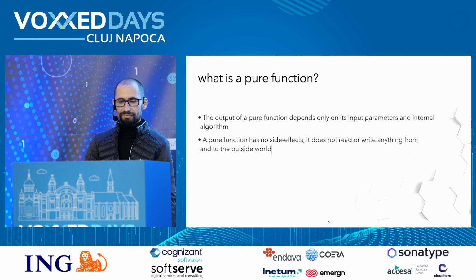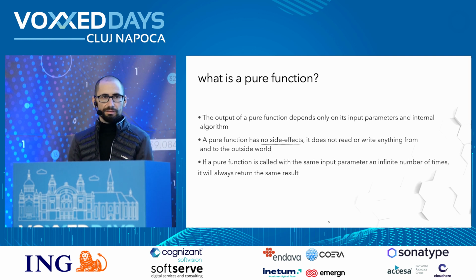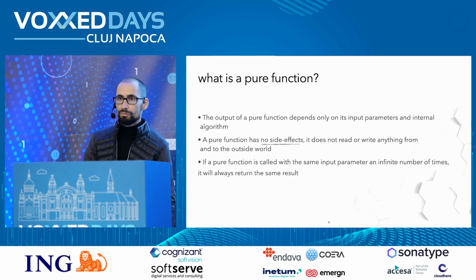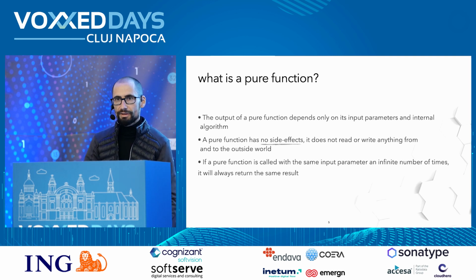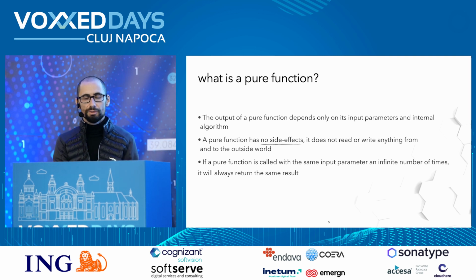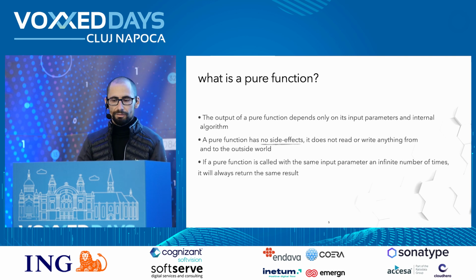It has no side effects, and this is very important because a side effect could be reading or writing to a database, user input, or reading and writing from a file, and this is something that we do every day. You might think that this is a contradiction between functional programming and what you're actually doing each day.